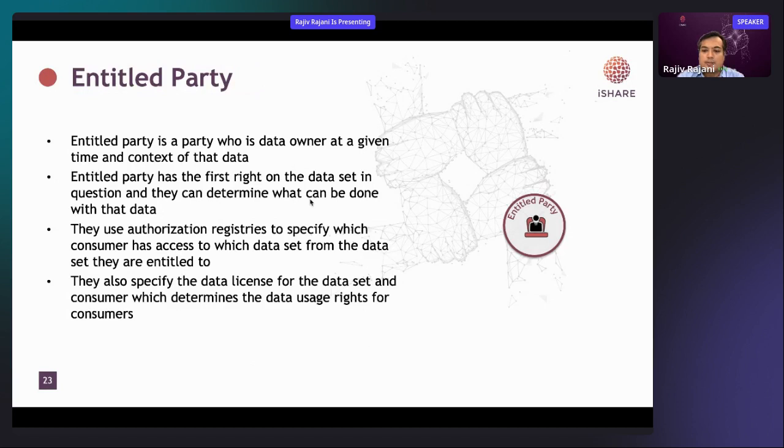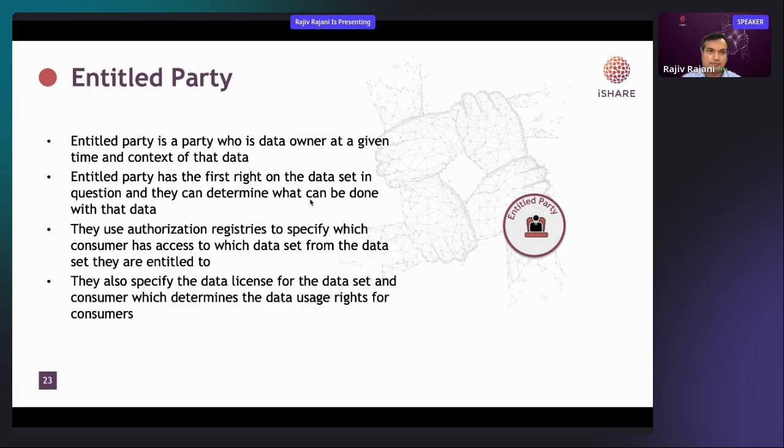And it uses an authorization registry to specify who should have access to data and under which conditions. And for that, it uses the data license. Data licenses basically determine what usage conditions apply to certain data sets when it is being given as an authorization to another data consumer.